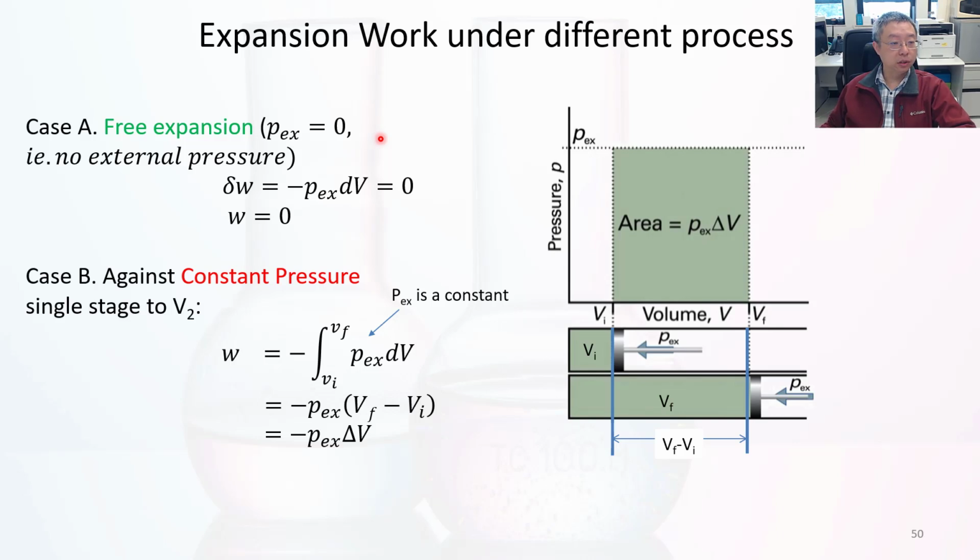When there is no external pressure, it cannot do work, so delta W is equal to 0, and the work is always 0. For case B, we are doing work against a constant external pressure, for example atmospheric pressure. That pressure stays constant no matter how hard the expansion is. You can have a very, very high pressure inside, but outside it's the same.